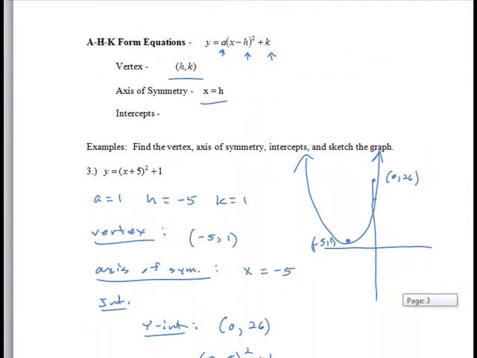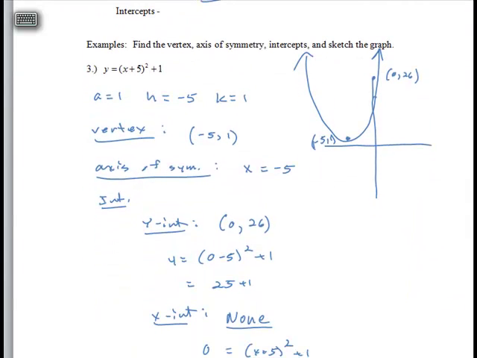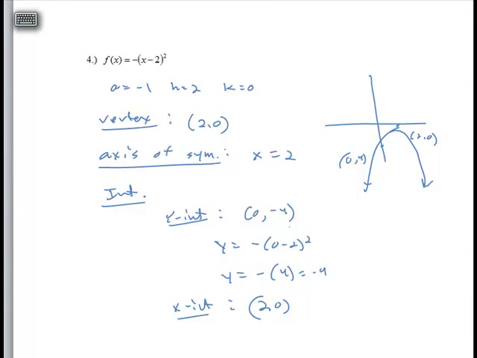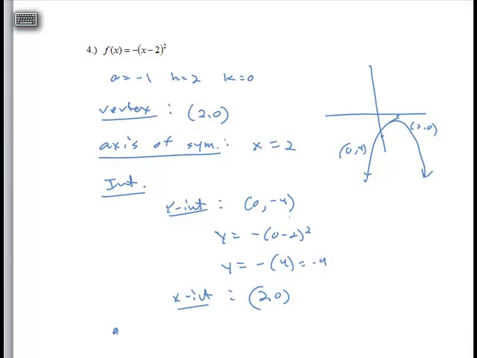Likewise, AHK form. Example 3, a was positive 1 and it opened up. Example 4, a is negative 1 and it opened down. So anytime a is positive, or greater than 0, the parabola is going to open up. Anytime a is negative, or less than 0, the parabola will open down.